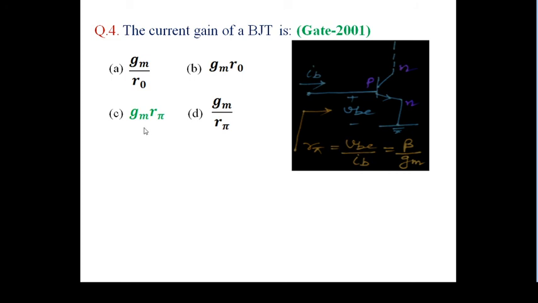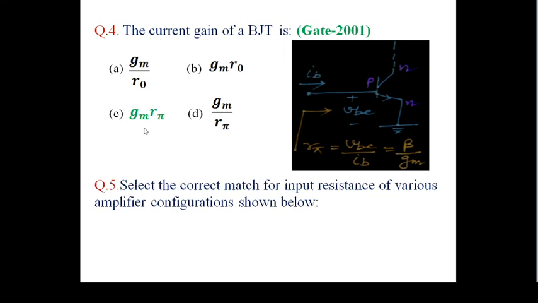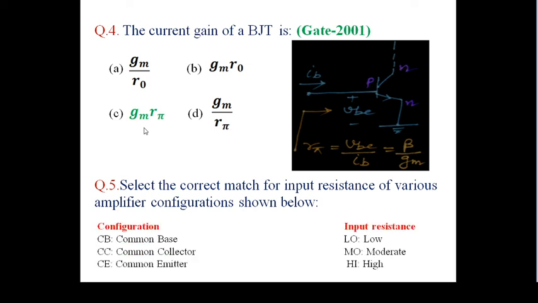Okay, last question. Select the correct match for input resistance of various amplifier configurations shown below. These are three configurations of a bipolar junction transistor: common base, common emitter, common collector, and the corresponding input resistance given: low, moderate, and high.